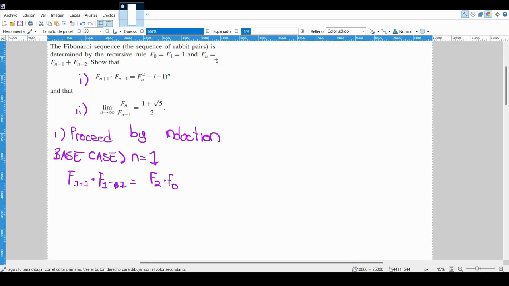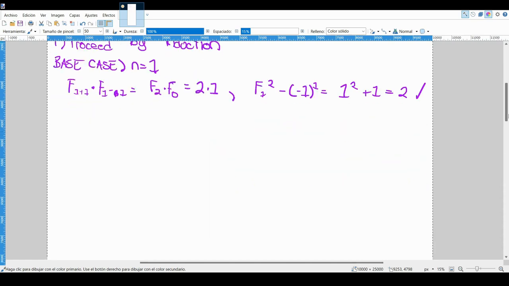Given how this is defined, we will have 2 times 1. Then we can note that f1 squared minus negative 1 to the 1 will equal 1 squared plus 1 equals 2. So we have proven the base case.